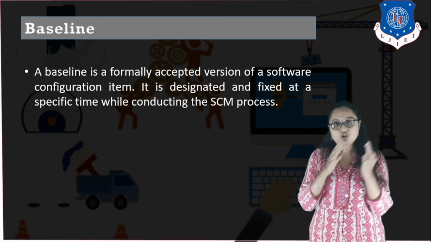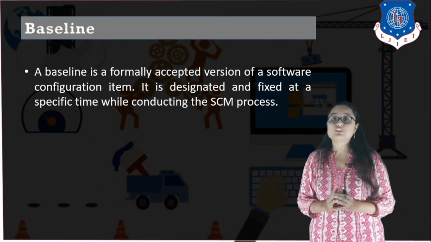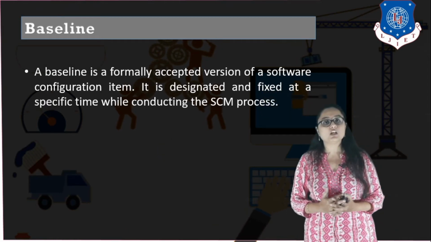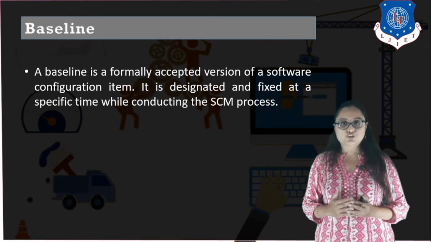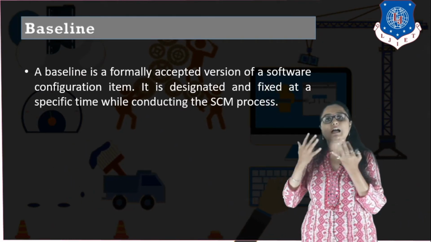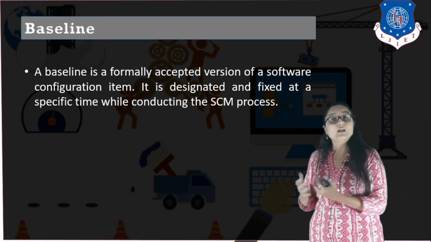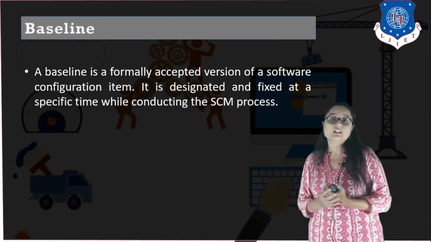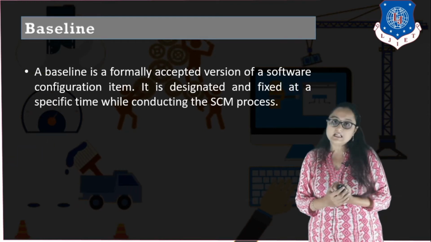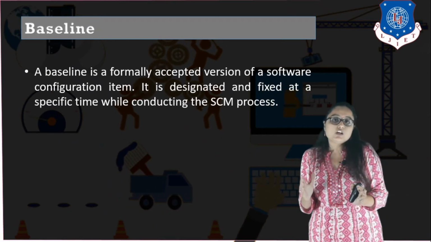So if you are following a software process and there is a particular state of a configuration item which is reviewed, for example, if you are developing a database design document, right? We know that after the database design document we will have a formal technical review of that document, right? So if the quality analyst or the formal technical reviewer team says okay, this is a perfect database for our software and this is a baseline configuration item, right?